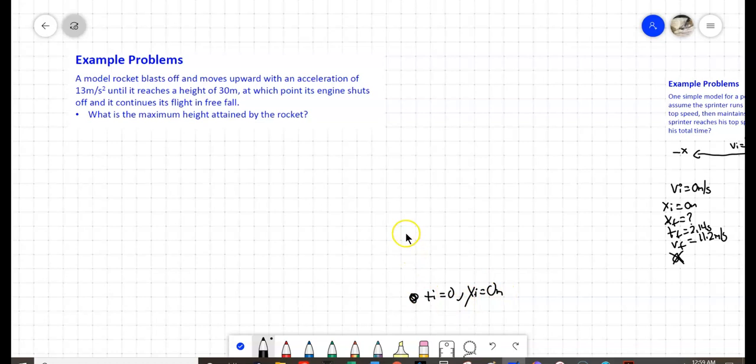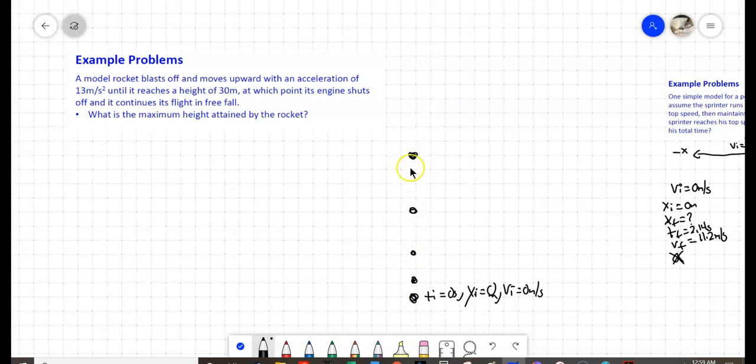It's going to be speeding up as it's moves upwards, accelerating from rest. So all of this stuff is 0 at the beginning.